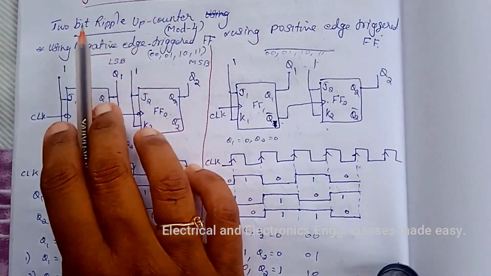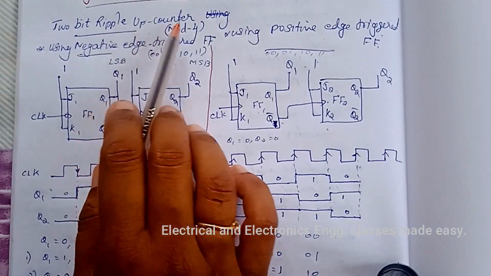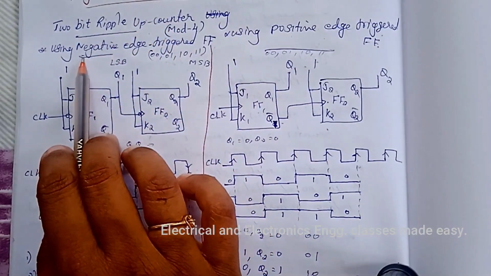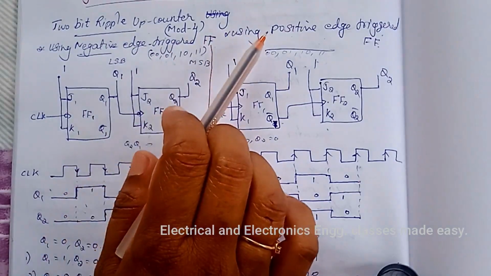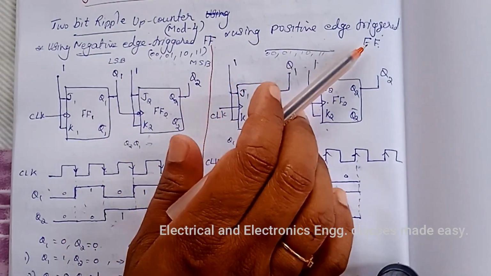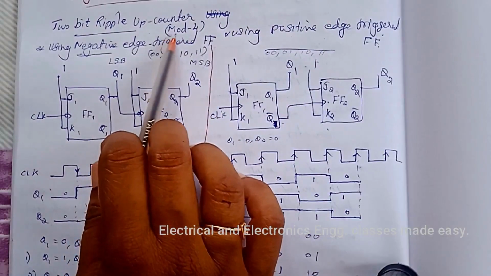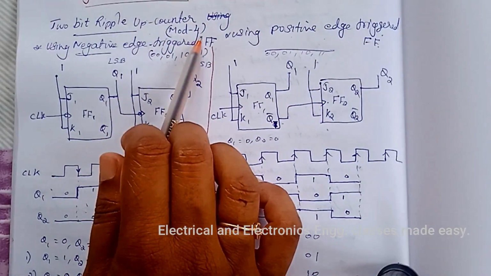So this is about the 2-bit ripple up counter, both using negative edge triggered flip-flop and using positive edge triggered flip-flop. So this is a mode 4 up counter.